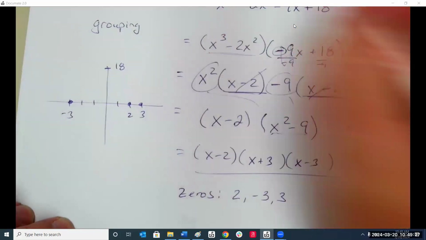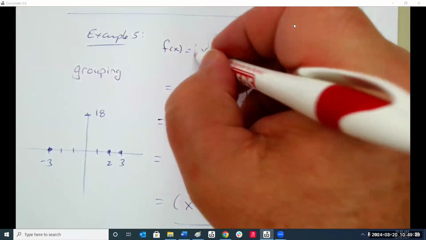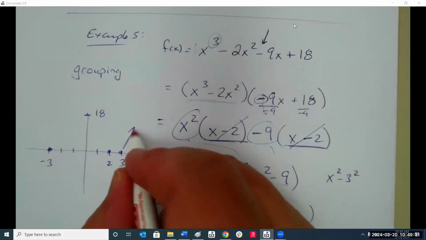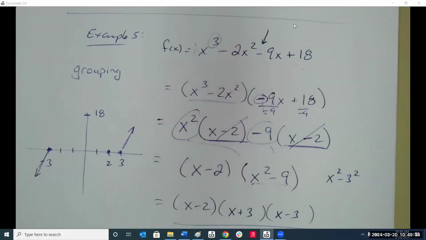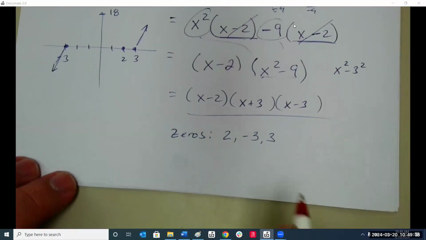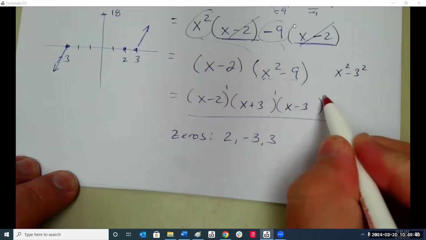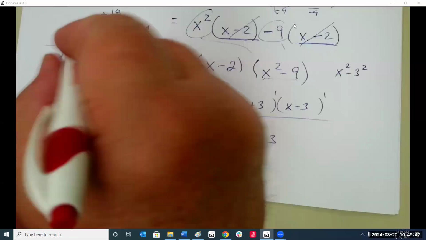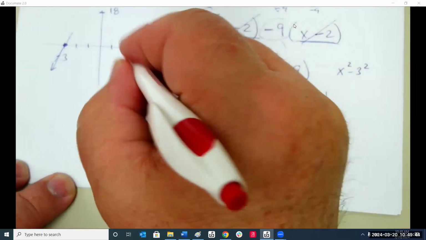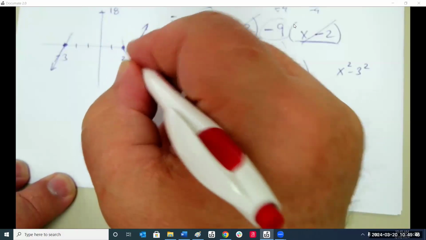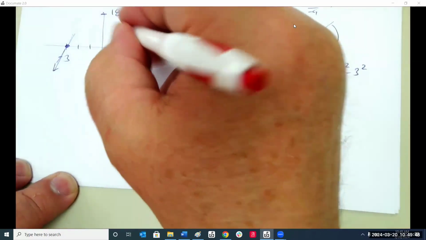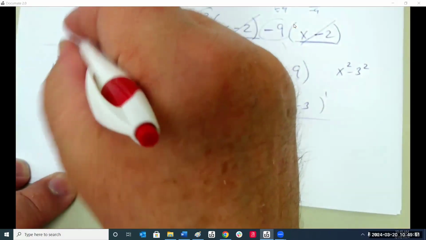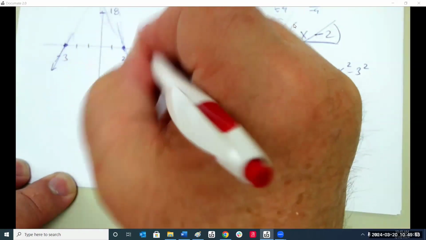It's an odd degree. It's positive. So this side goes up, this side goes down. All of the factors have an odd multiplicity, so they all cross. So it'll look something like this.